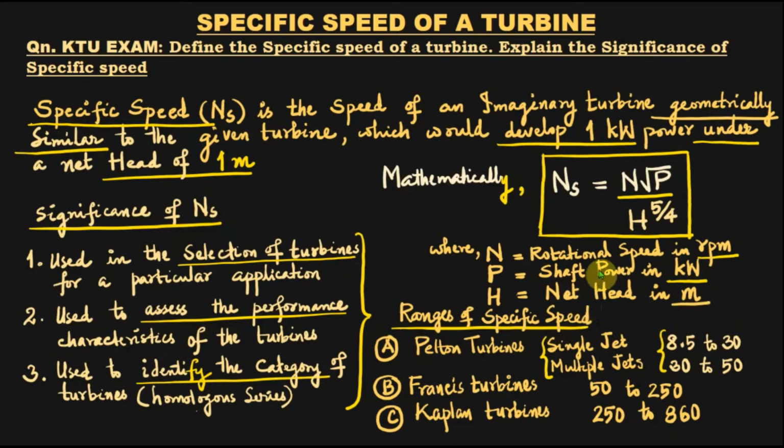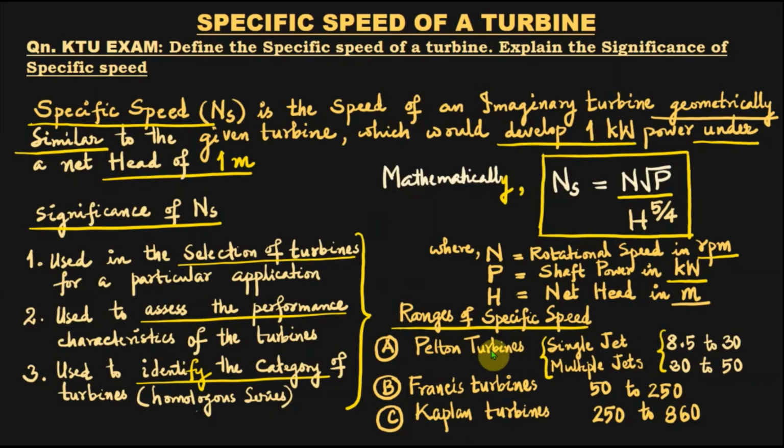When we calculate the specific speed in SI units for the different category of turbines, what we can find is the Pelton turbines. Those are impulse turbines which will have the specific speed range between 8.5 and 50.